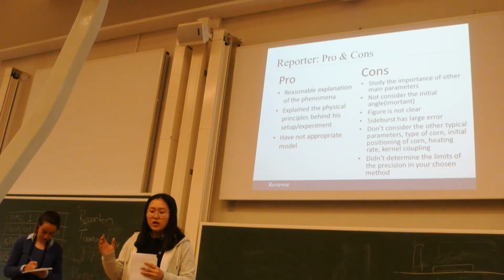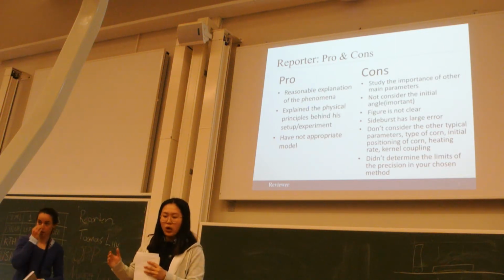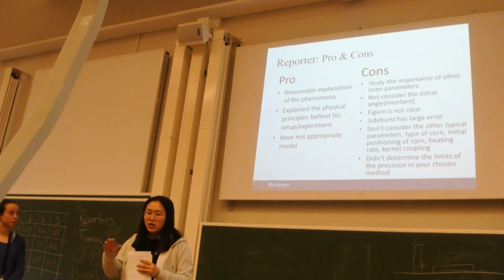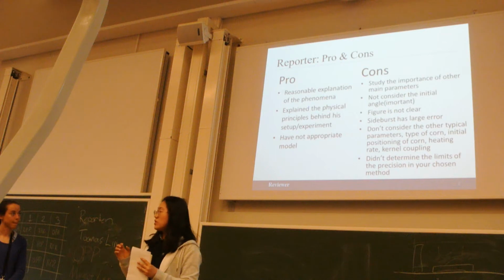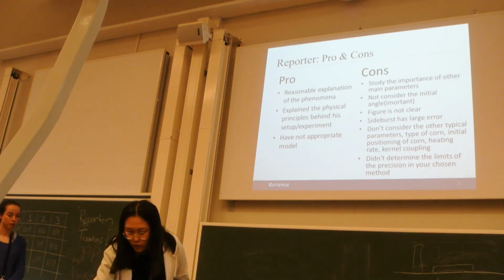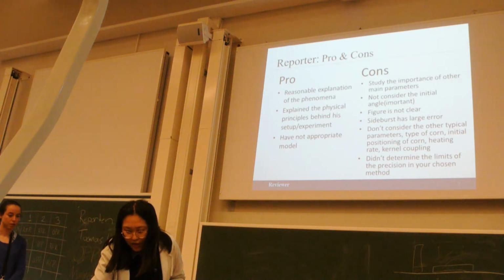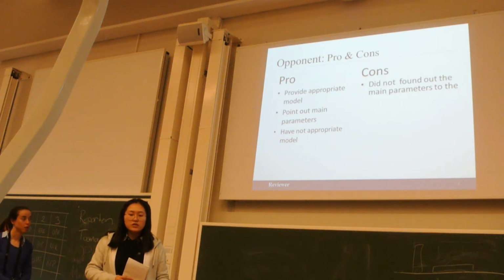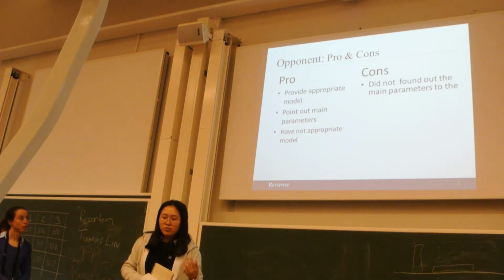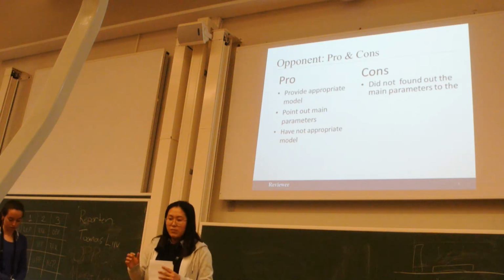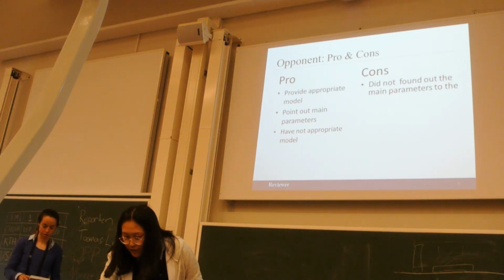For example, he studied the importance of the other main parameters and didn't consider initial angles of the jump, and also could not consider the other typical parameters. So the opponent, she provided an appropriate model. And did not find out the main parameters.